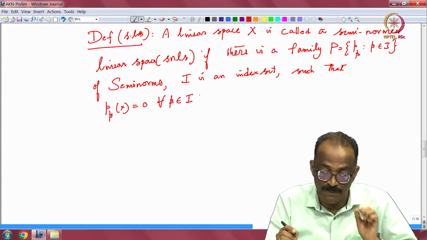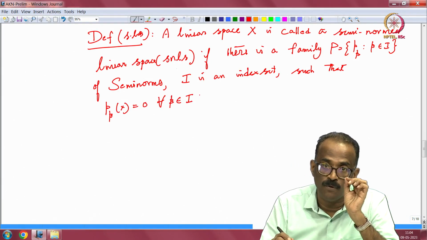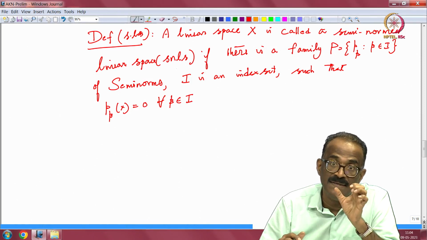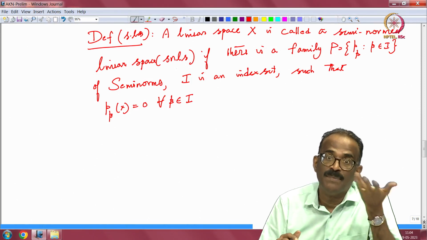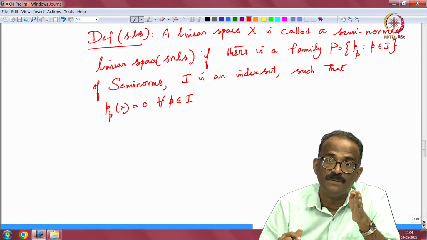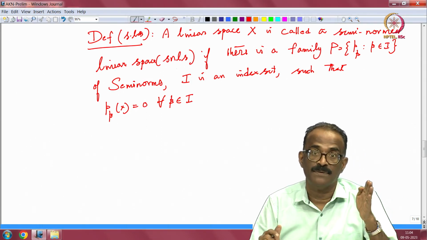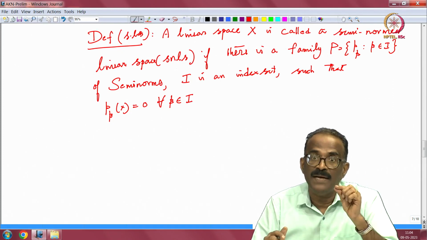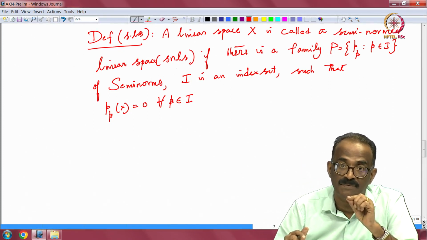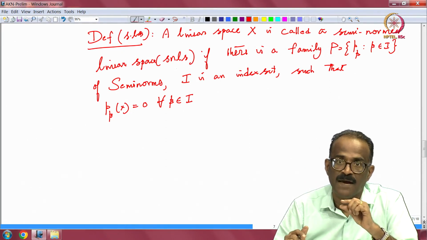Keep that in mind: if it is a single seminorm for which p(x) equal to 0 implies x equal to 0, then it will become a norm. So, the only difference from seminorm to norm is that p(x) equal to 0 may not imply x equal to 0. But we are not demanding that for every element in the family.